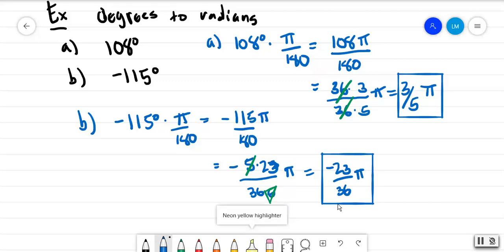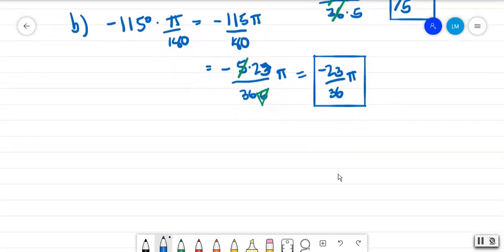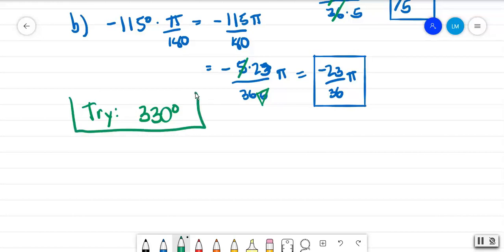Now, of course, you can actually try this on your own, which you should. So go ahead and try to convert 330 degrees to radians and see what you get. You'll notice that one of these will come back up again in terms of how you find it.